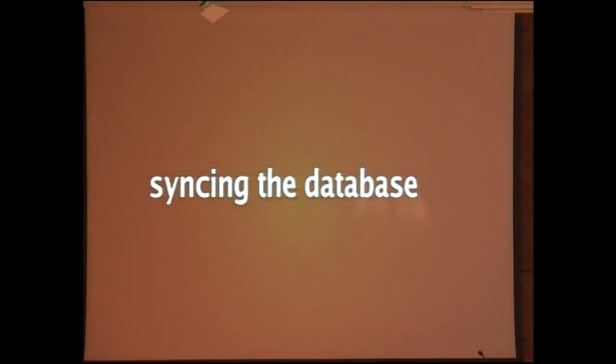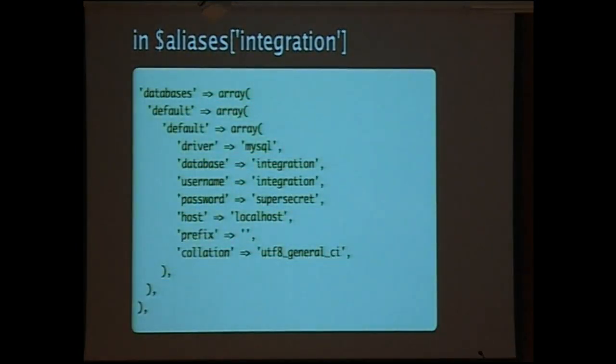Best thing would be if you don't have to synchronize the database at all. You can do that by putting everything into code, or as much as you can, using features and all the other stuff. But you can use Drush to do database synchronization, and you just have to enhance your aliases file by adding, that should be well-known syntax, the same configuration for your database as you use in settings.php.